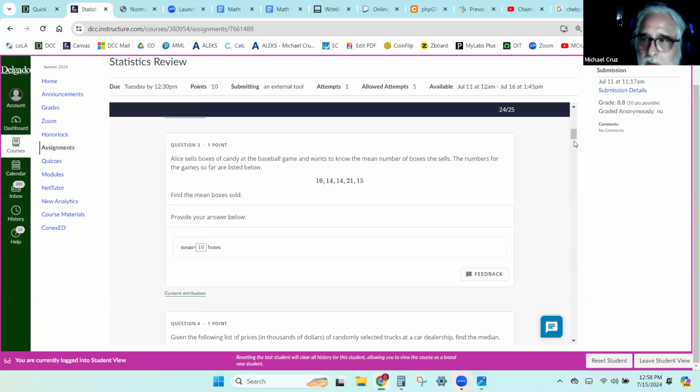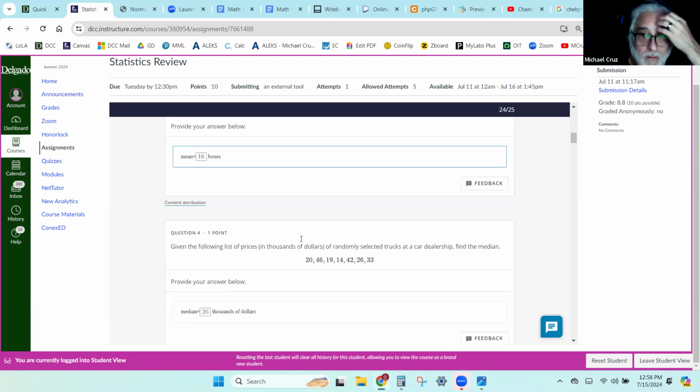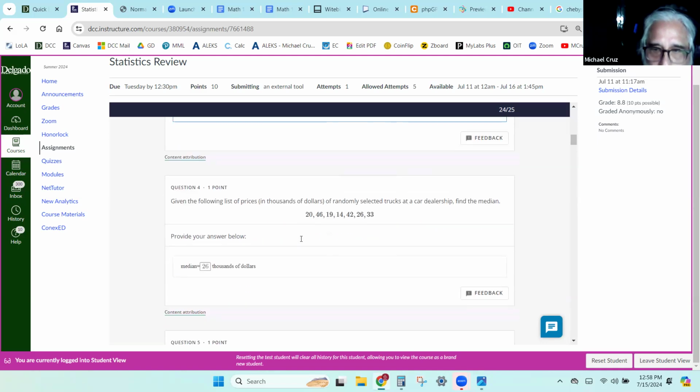So 16. So the median is when we got to order them. They cannot be like they are now. They have to be ordered, smallest to largest.